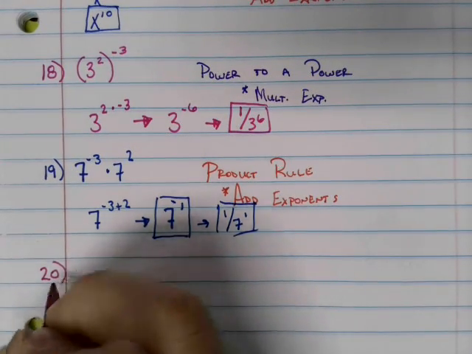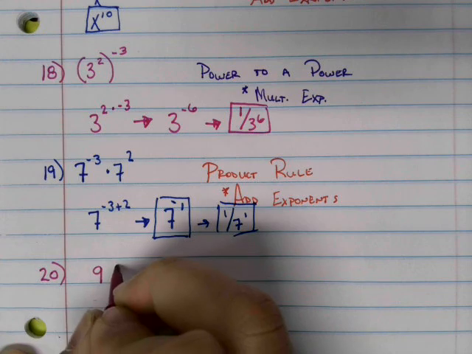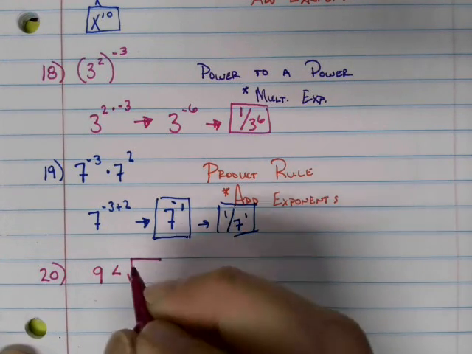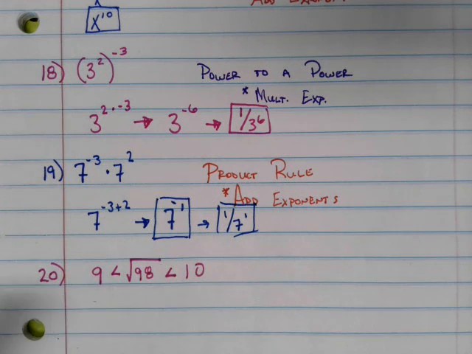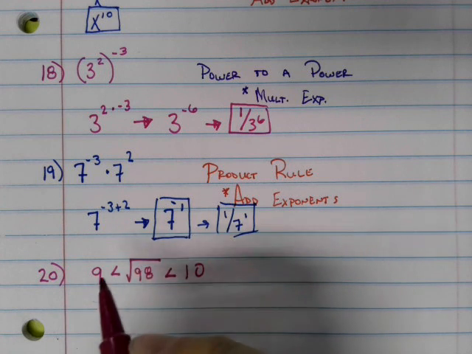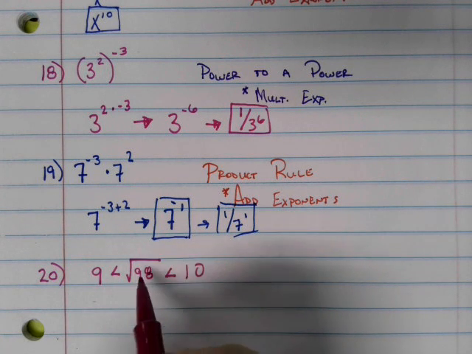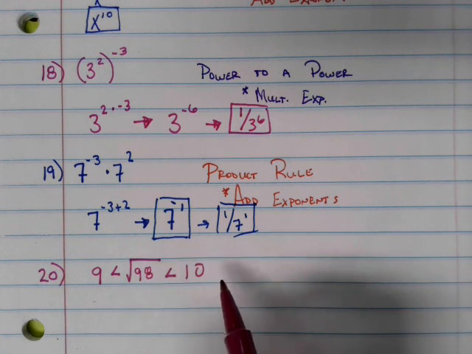And number 20, is this statement true? 9 is less than the square root of 98, which is less than 10. So think about that question we did earlier. We had a number that was between 9 and 10. To do this, one is in square root form, the other two are not.